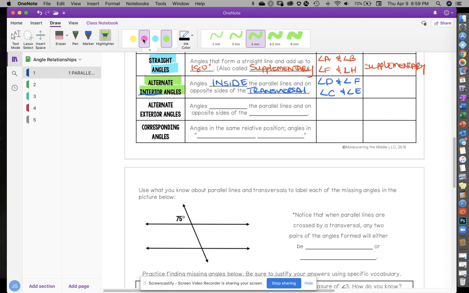Okay? All right, now we have alternate exterior angles. On this one, we have angles outside the parallel lines on the opposite sides of the transversal.